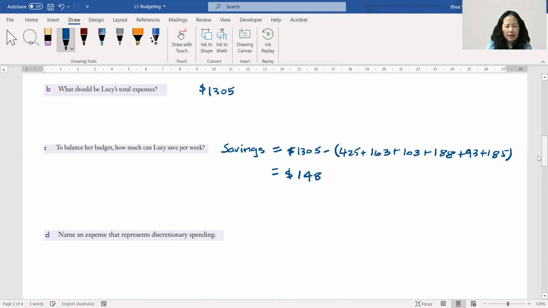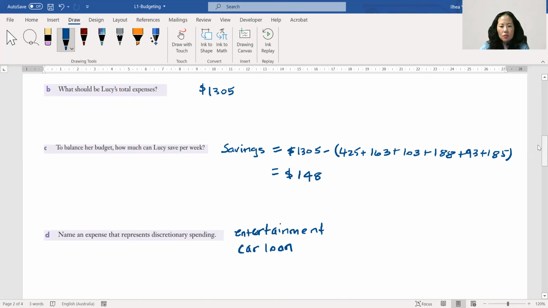The only thing I can think of is there are fares, so it could be a bus fare or trains or something like that, but she also has a car loan there, which means she probably doesn't really need a car since she's taking public transportation, so that might be not necessary. So I will just write entertainment and car loan. Okay, something like that.